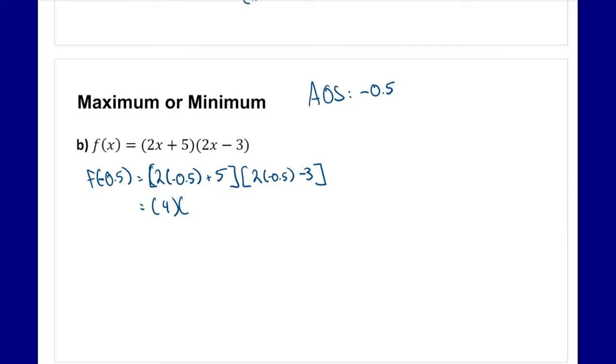And then 2 times negative 0.5 again is negative 1, minus 3 is negative 4. So we get 4 times negative 4, which is negative 16. So therefore, again, I can say the optimal value is negative 16. And again, because the graph for this one opens up, I would say that it's the minimum value.